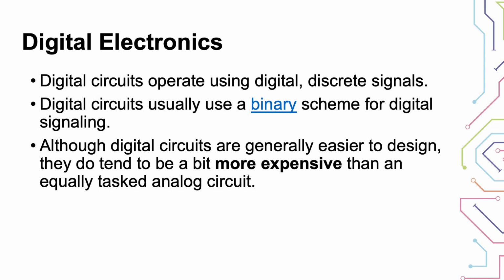Let us define na pod kining digital electronics. So ang mga circuits na under aning category gagamit og digital or discrete signals, or I always repeat that discrete signals are finite values, I mean.